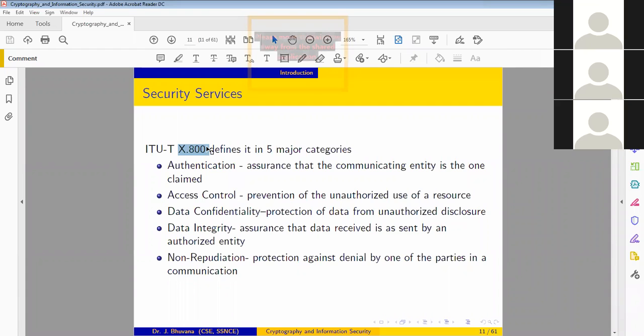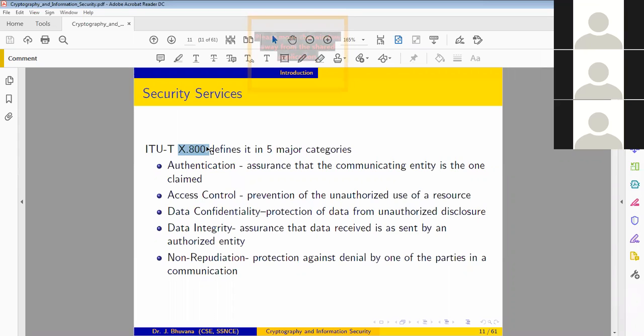And non-repudiation. Remember, we have seen a term called denial of service. Here the sender or the receiver denies that they have done something earlier. If I am the sender, I may deny that I sent you the message, and the receiver, after receiving the message, can deny that it received it.